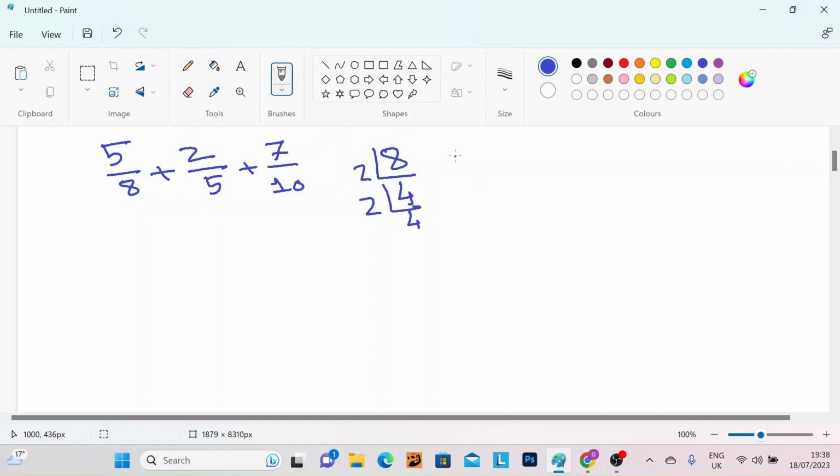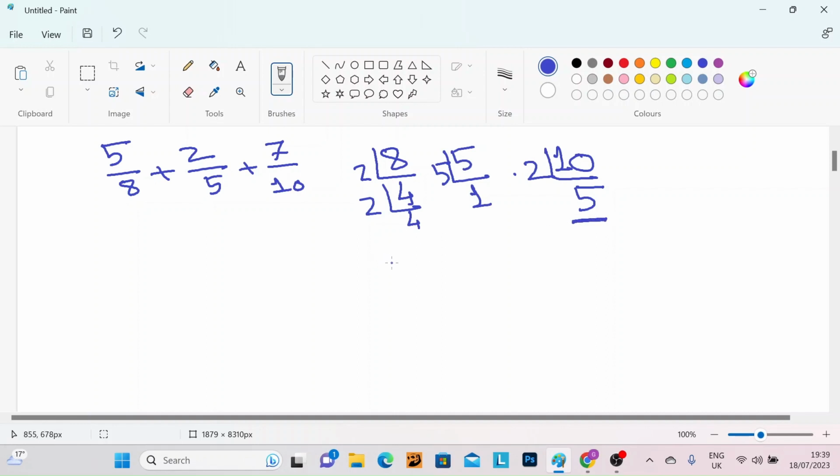Then we have 5, which is a prime number. We cannot divide 5 by anything other than 5 and 1. Then we have 10, which is an even number, divided by 2 and 5. 5 being a prime number, we cannot factorize it any longer.